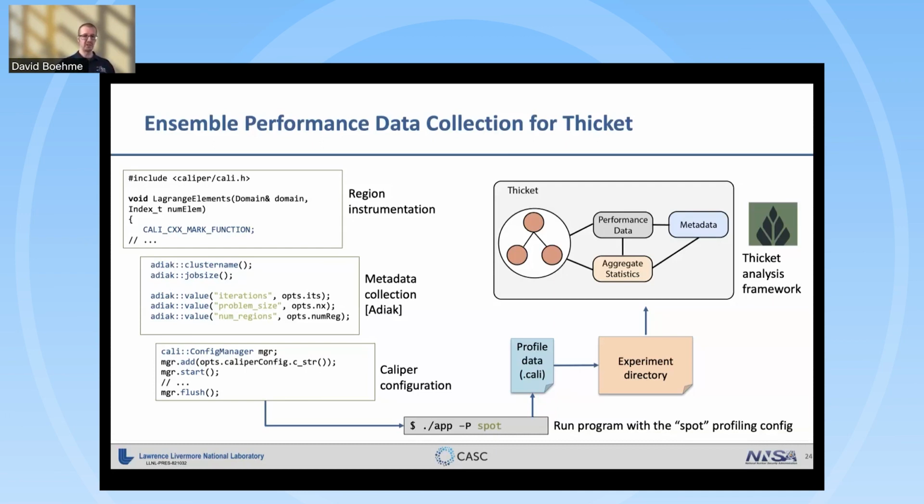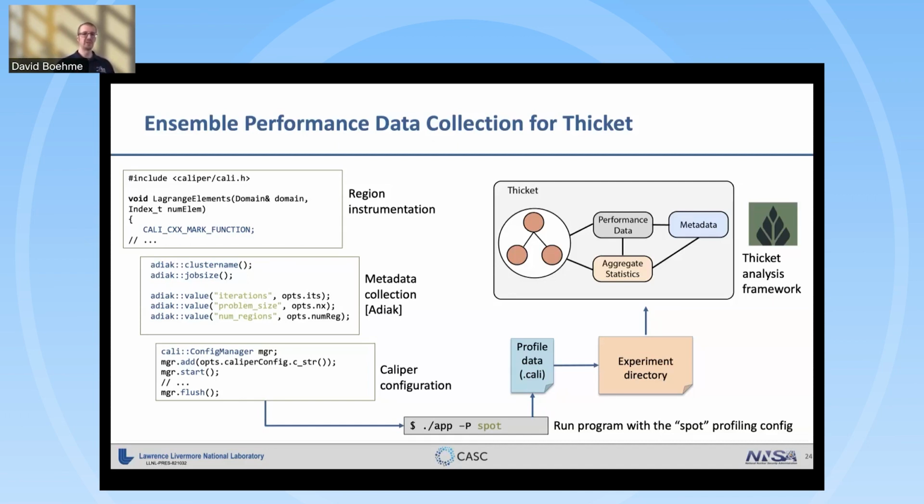So we're essentially putting instrumentation calls for this metadata into the code, and we have a separate library call for that called Adiak. It can record all kinds of different run information, like the MPI job size, what machine this is running on, and also program-specific things like your program input deck. As I mentioned, that's really helpful to compare things across all the different runs.